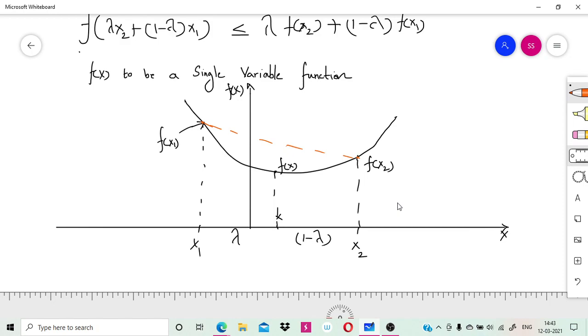Corresponding to X, on this line, I have the point P.